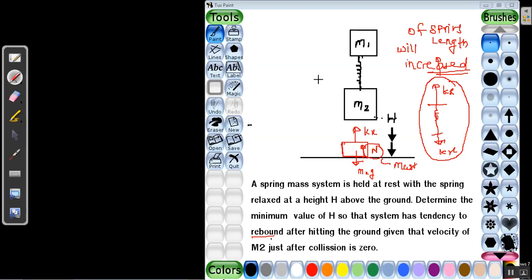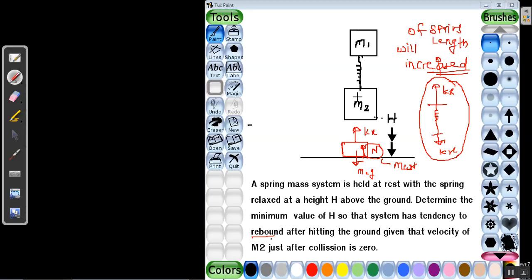Just after the collision, the energy of the whole system is going to be conserved.